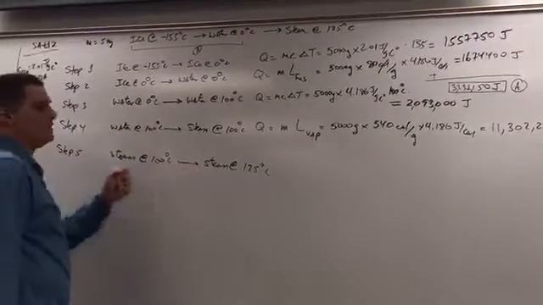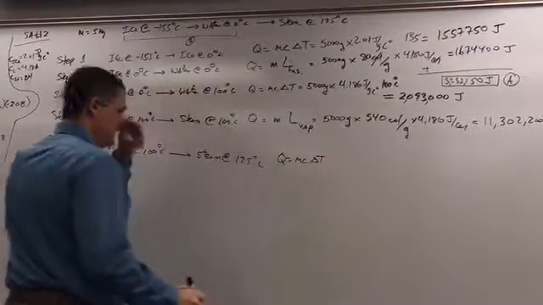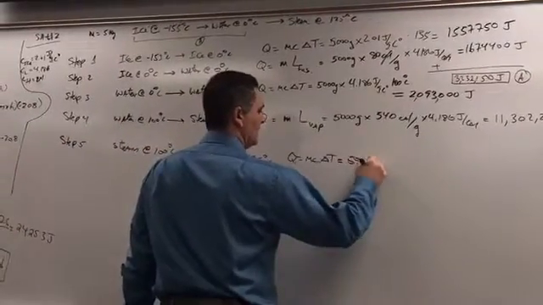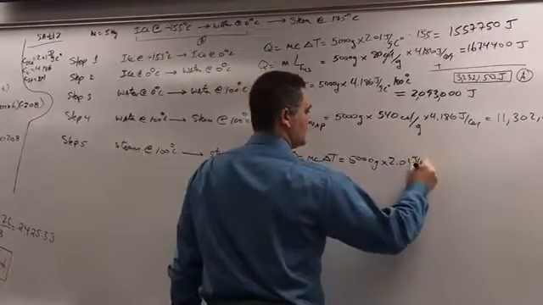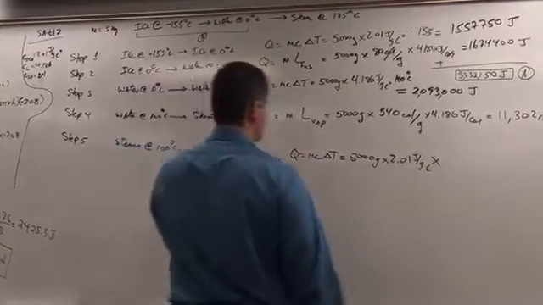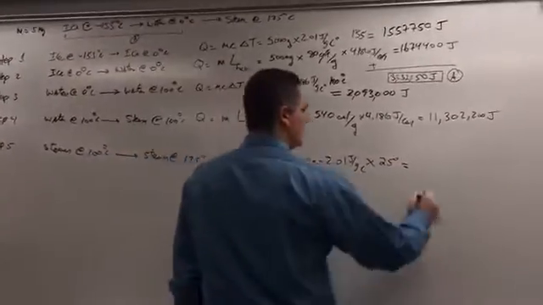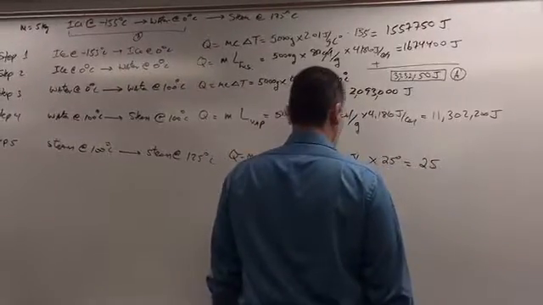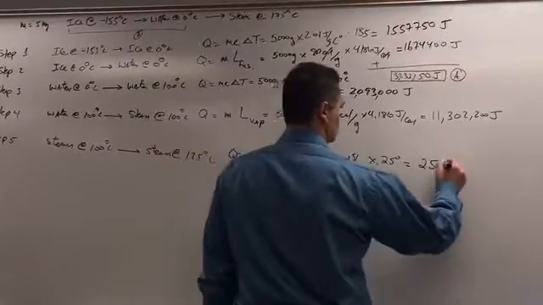So we're in the same phase, which means the equation we're going to use is MC delta T. Again, this is 5,000 grams times the specific heat capacity of steam, 2.01 joules per gram degree C, times the change in temperature, which is just 25 degrees. So it's like 250,000. Or is it 252? 251,250.